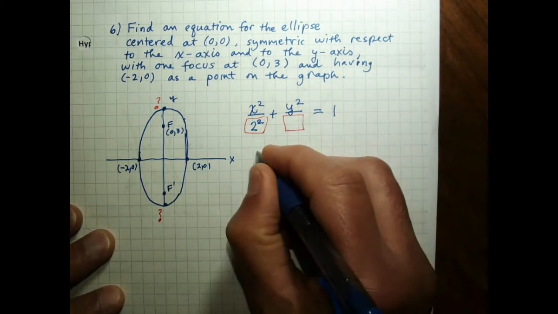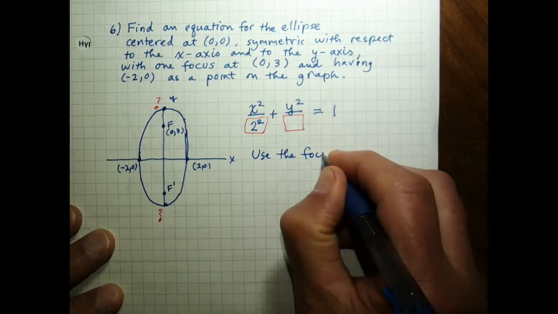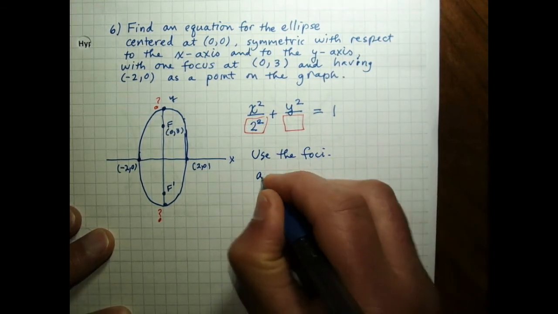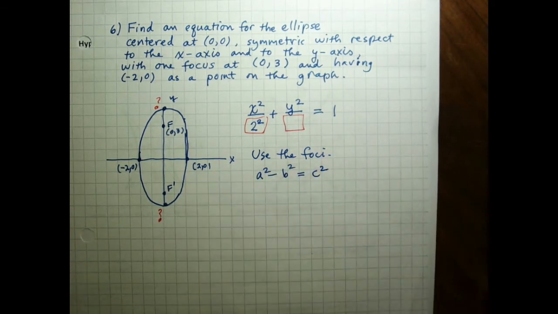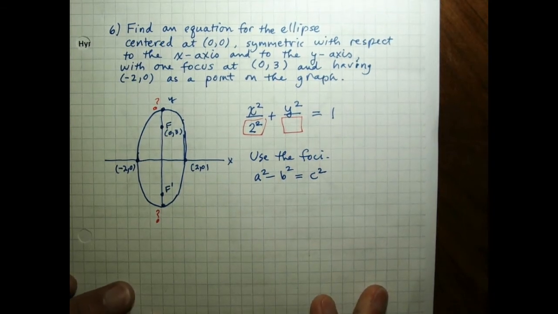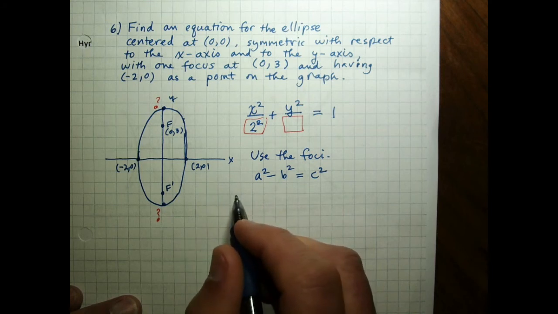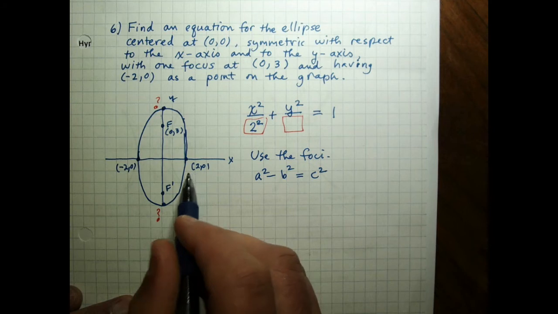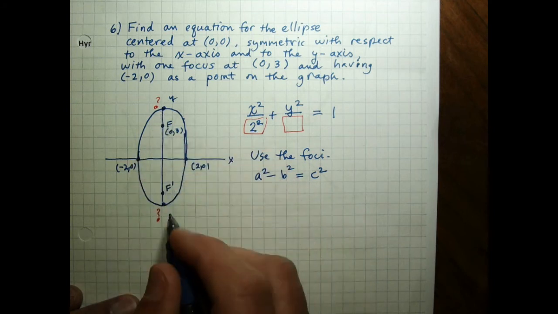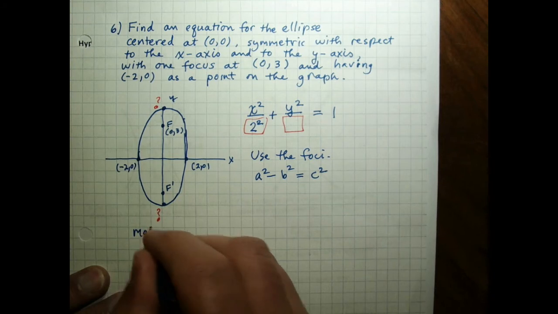And so, again, we're going to use the foci, and we're going to use that a squared minus b squared equals c squared equation to see if we can figure out what the y-intercept should be. And now here I got to think about where to put the 2 that's under the x. So the major axis is on the y axis.